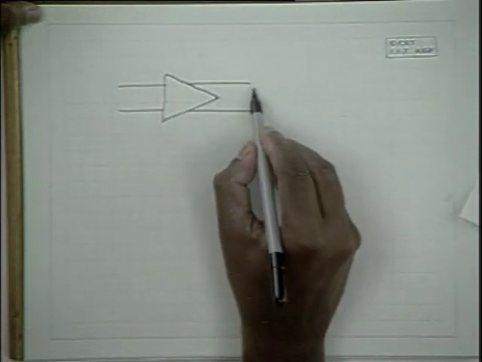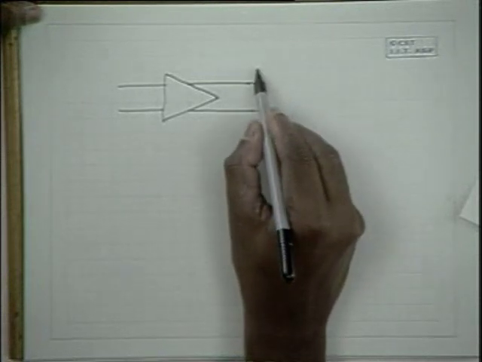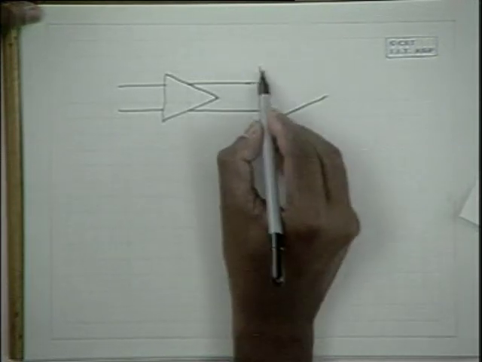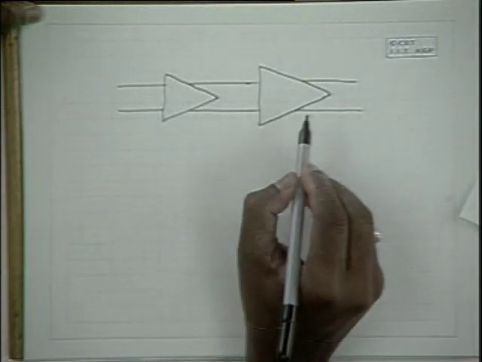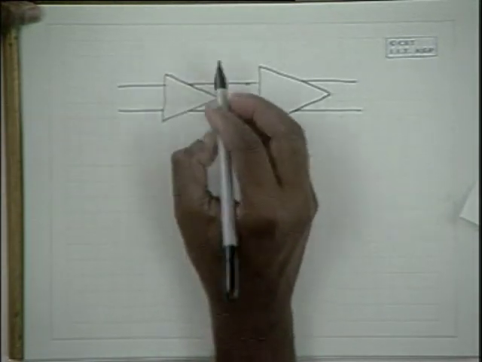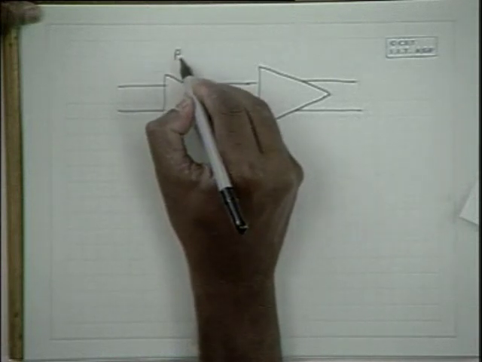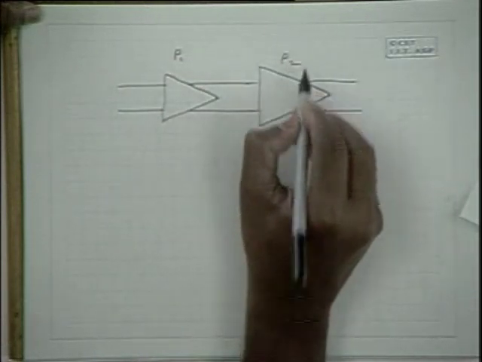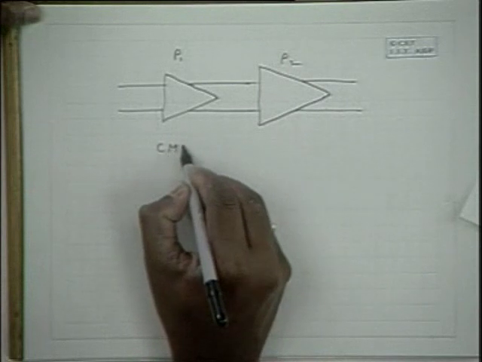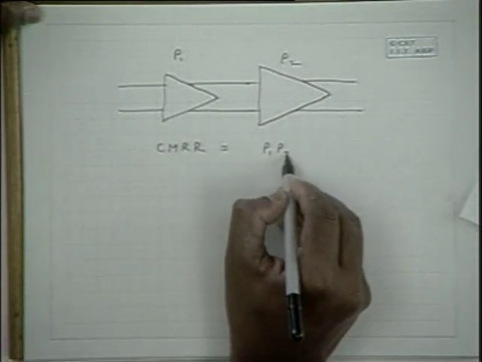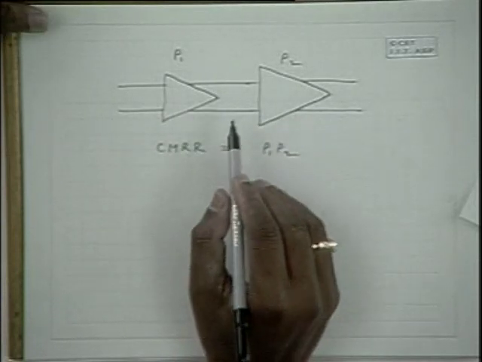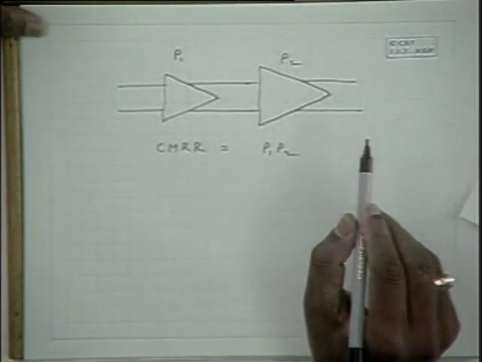You use both the differential outputs as the input to another differential stage, and then you will get the differential outputs here. So if the common mode rejection ratio is rho 1 here and rho 2 here, the overall CMRR is going to be rho 1 rho 2. If it is 1000 and this is also 1000, it is going to be 10 to the power of 6.